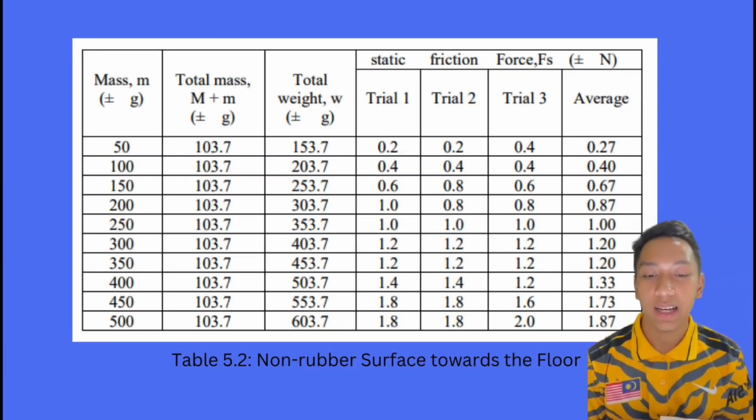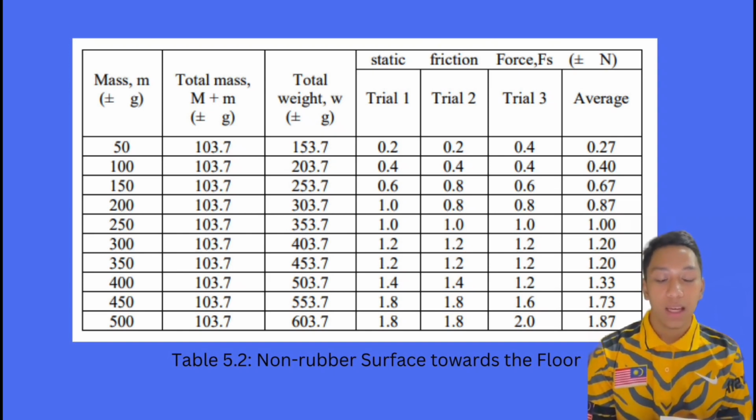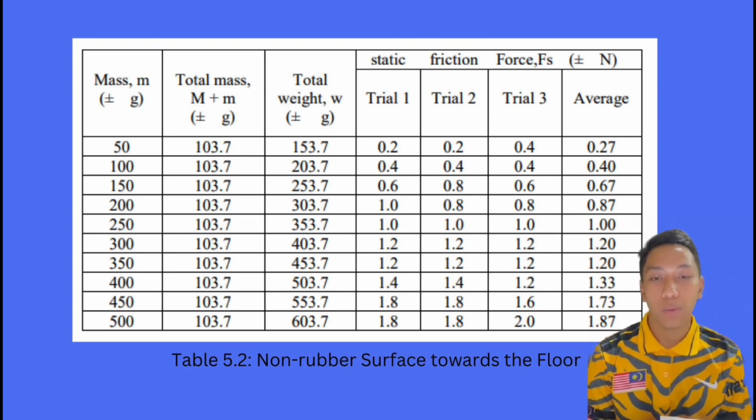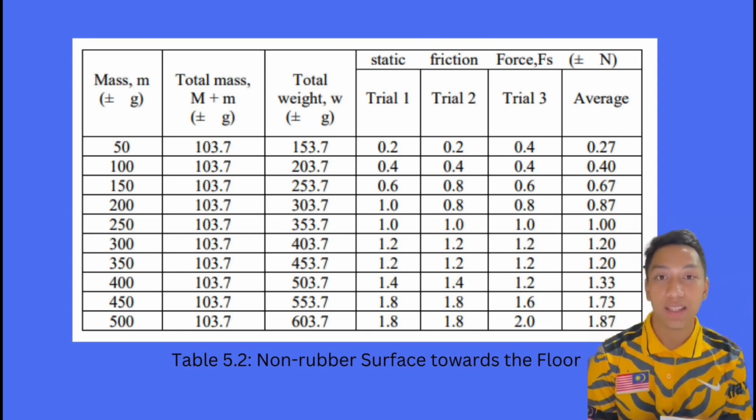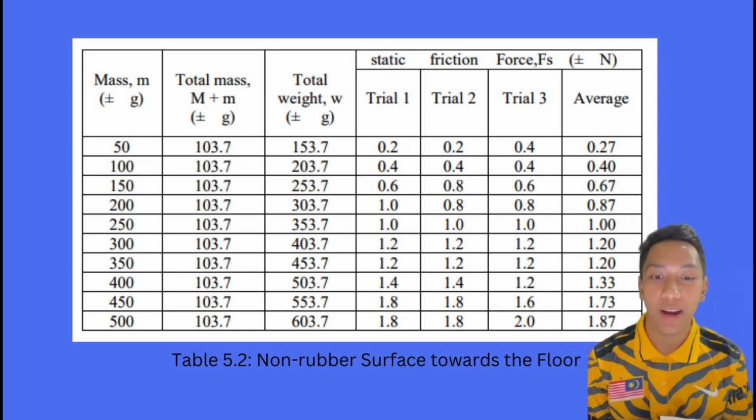Okay then, now I'm going to continue with Table 5.2, non-rubber surface towards the floor. The mass of the wooden block with the non-rubber surface is M equals 53.7 plus minus 0.1 gram.